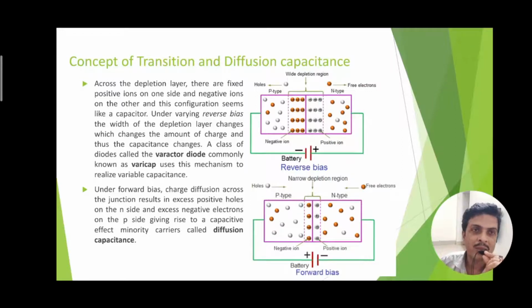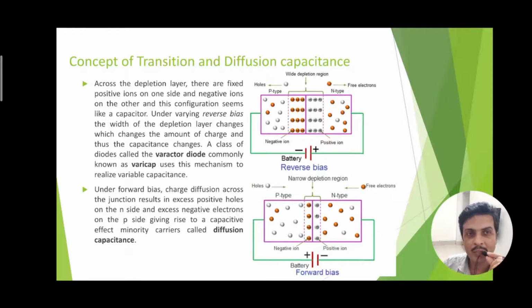So under this situation, as the width of the depletion region is increasing, the parallel plates of the capacitor, P type and N type semiconductors, are gradually moving away from each other. Therefore the capacitance produced is known as the transition capacitance. On the other side, under the forward bias condition, as the P side is applied with the positive voltage and the N side with the negative voltage, more and more holes will be repelled from the positive terminal and will be incident over the depletion region.